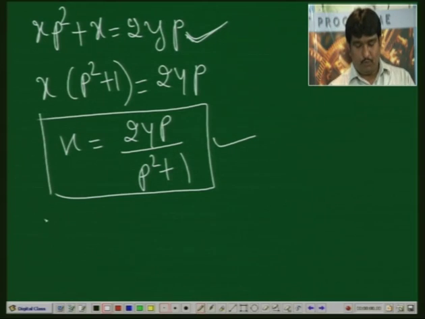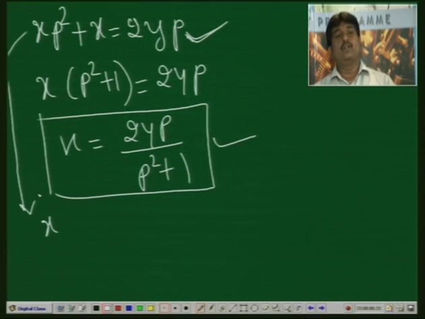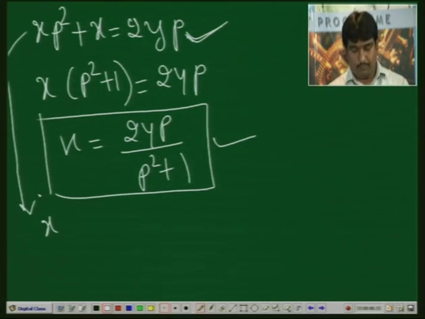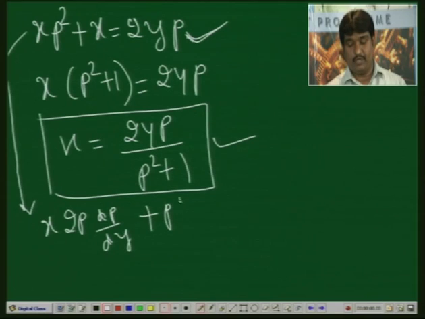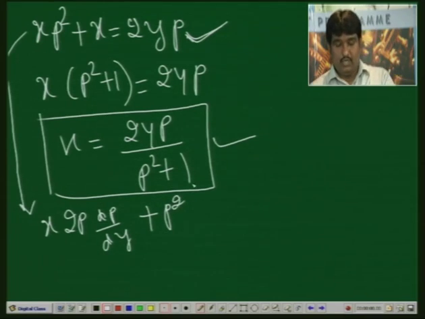If I differentiate it, product rule, I am differentiating this with respect to y. X into the derivative of p square is 2p into dp by dy, plus the second function p square into the derivative of x with respect to y, which is dx by dy. So, I have differentiated the first term.